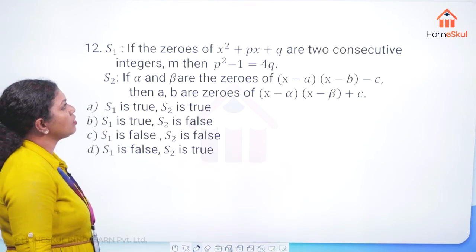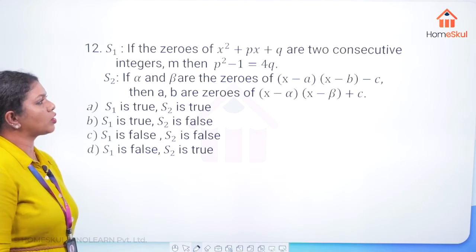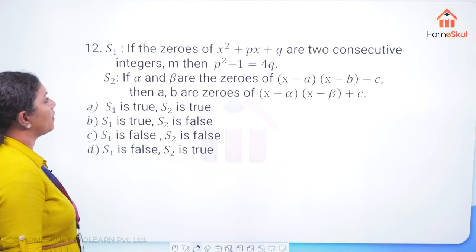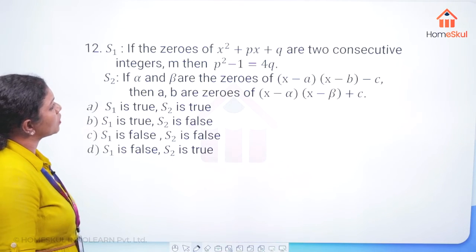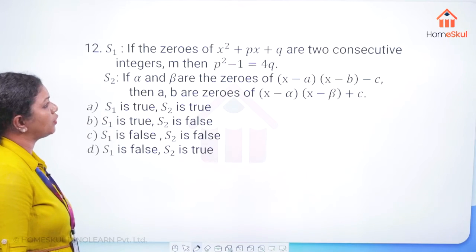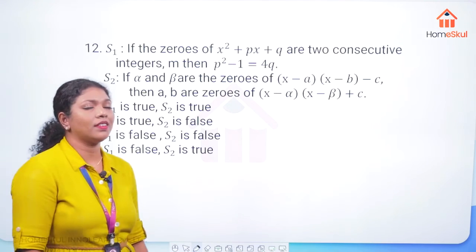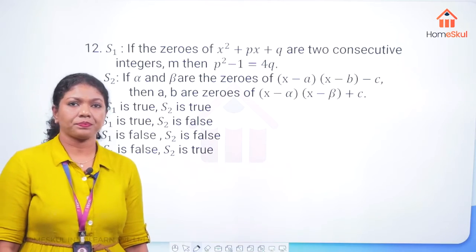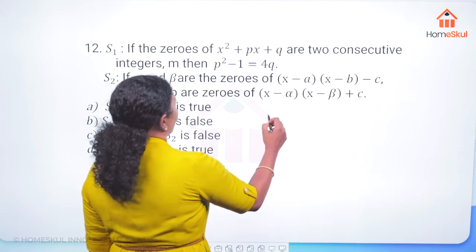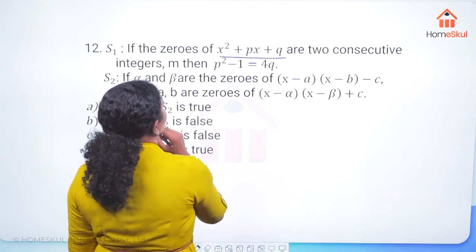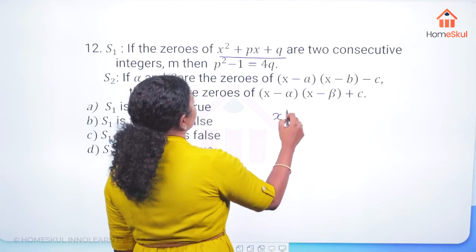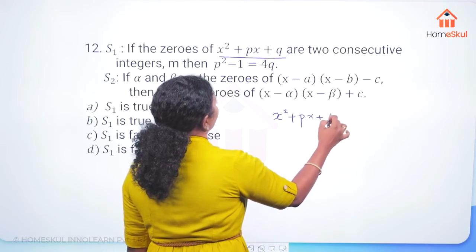If the zeros of x square plus px plus q are consecutive integers, then p square minus 1 is equal to 4q. If they are consecutive integers, they have given that. Now look, this is a quadratic polynomial, x square plus px plus q.